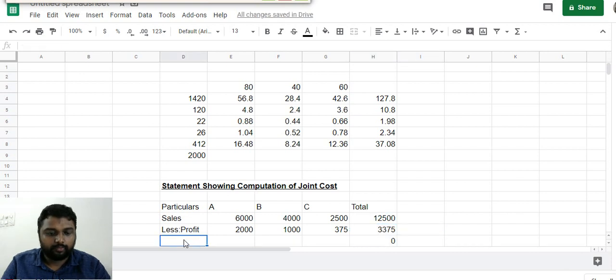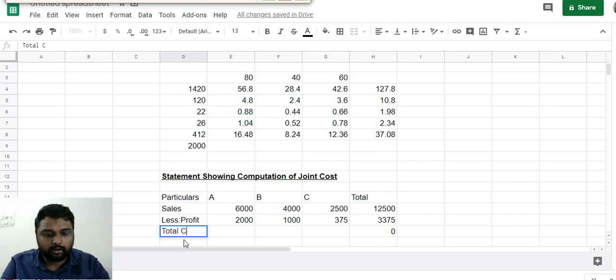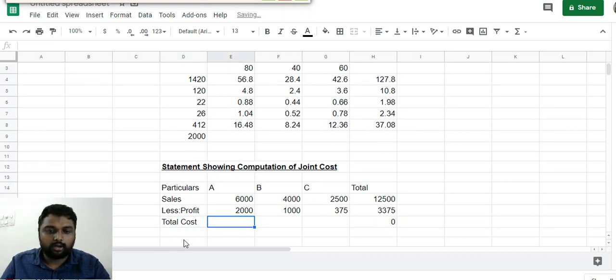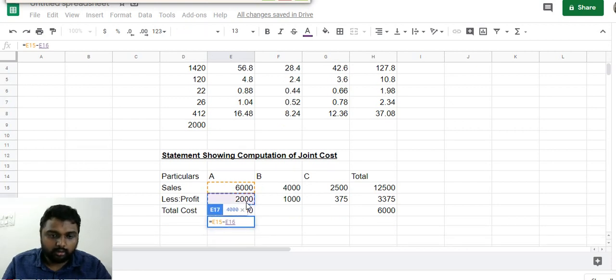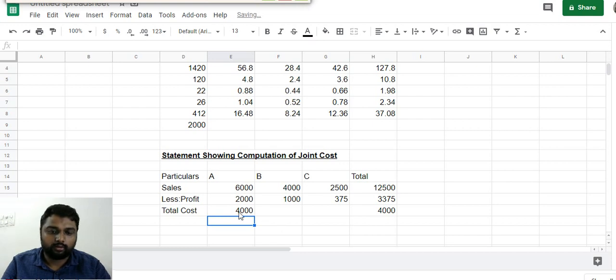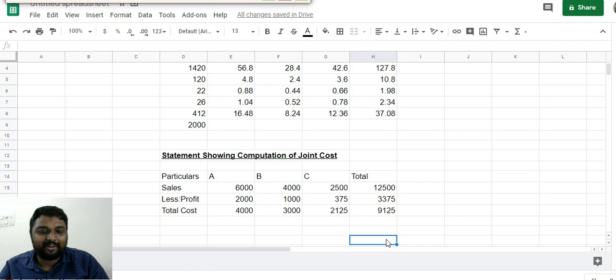See, what will be our total cost? Our total cost will be sales minus profit. What is the sales? 6,000. What is the profit? 2,000. So it will be 4,000. We will get our total cost answer.